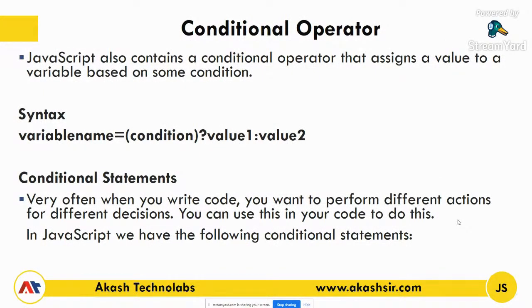JavaScript also contains a conditional operator that assigns a value to a variable based on some condition. Let's say if your age is less than 18, that means you are a minor, right? So the same thing I want to check in my programming. For that we have conditional statements. Very often when you write code, you want to perform a different action for a different decision, and you can do the same thing with the help of the conditional operator.